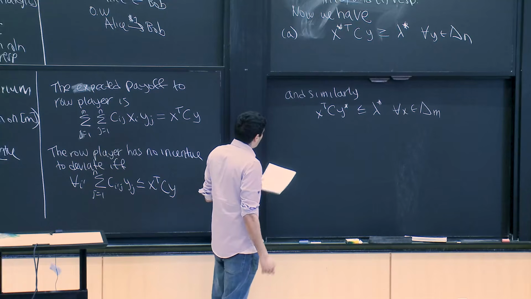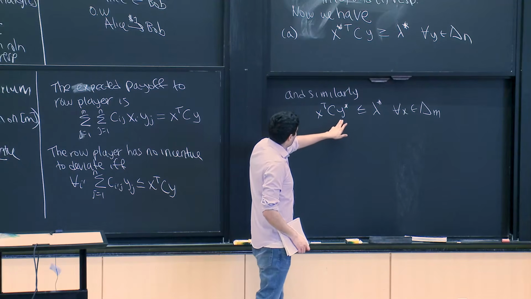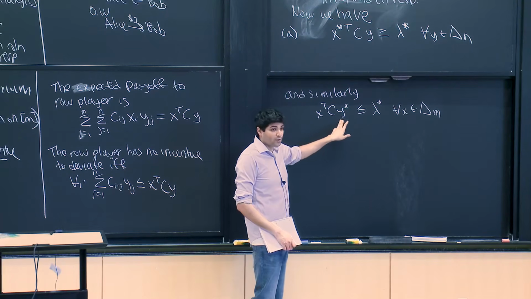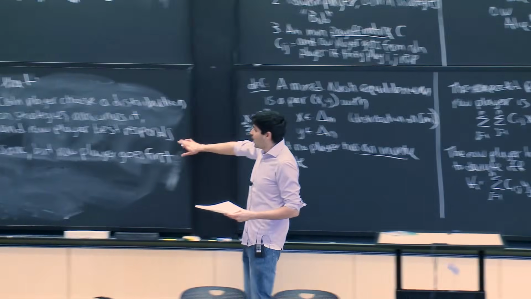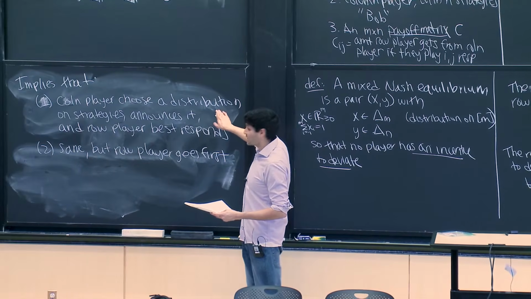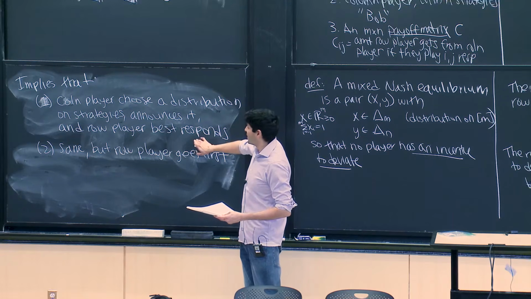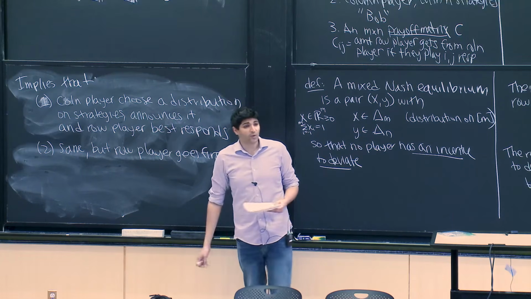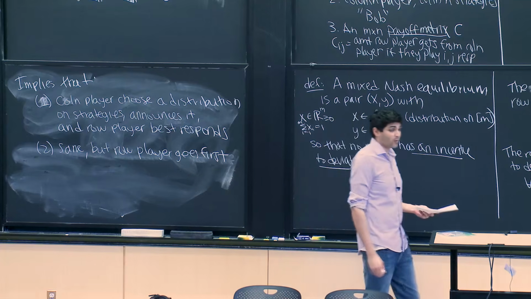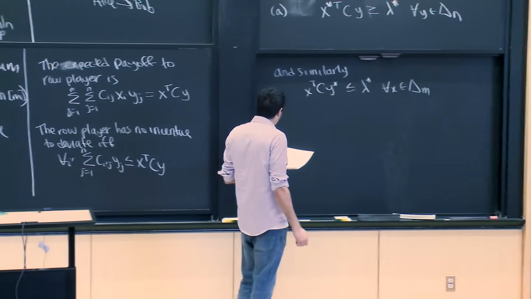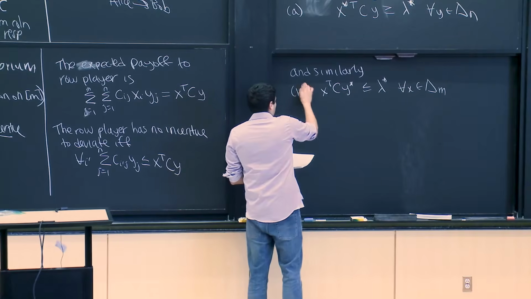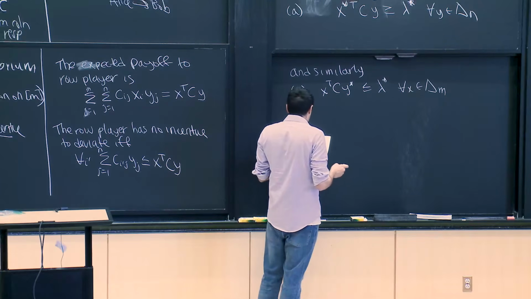And this holds because, when the column player has to go first, this is what it means to have a good strategy in scenario 1: the column player chooses this distribution y star, and no matter what the row player does, we're losing at most lambda star dollars. So I'll call this system of linear inequalities B.